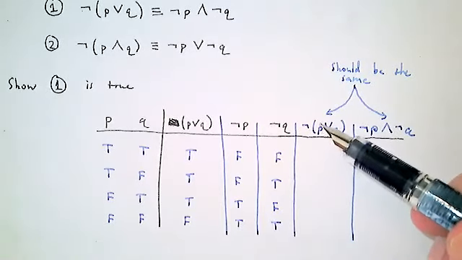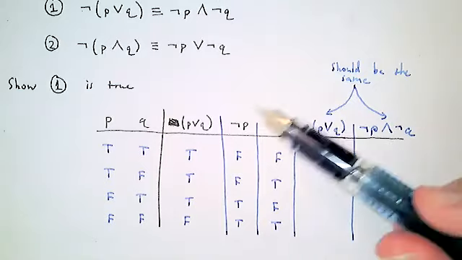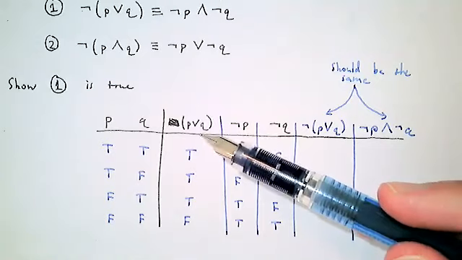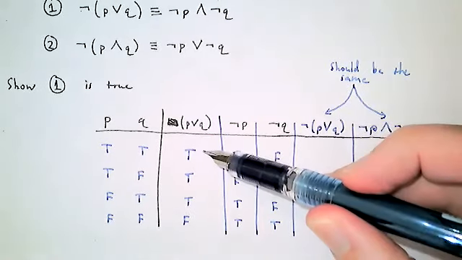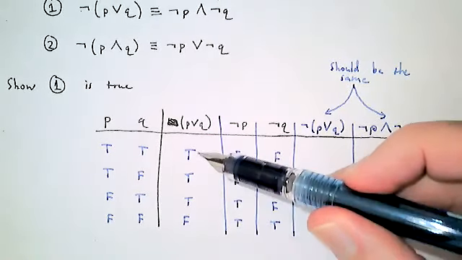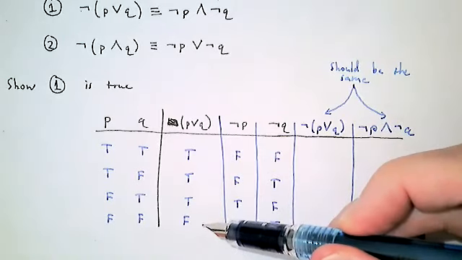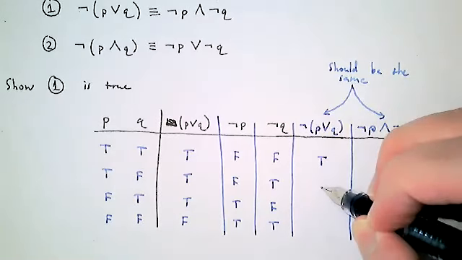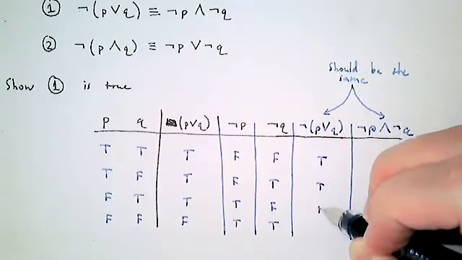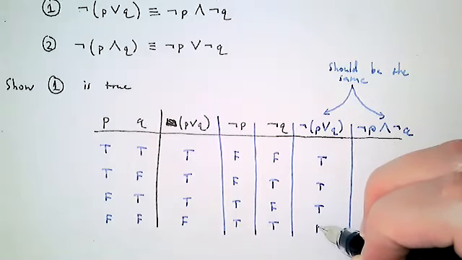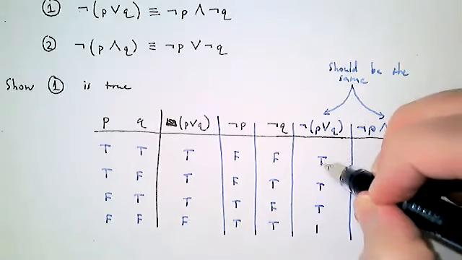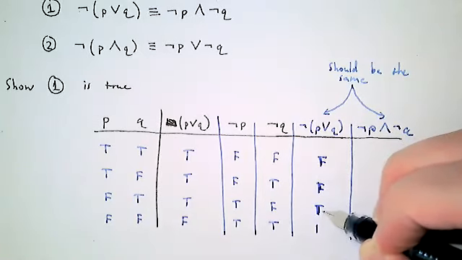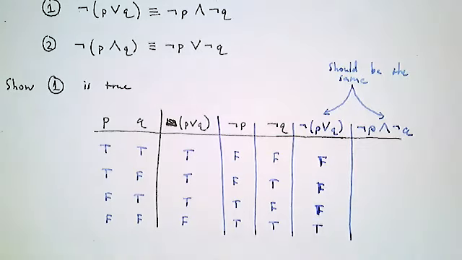Now we have the negation of P or Q. That means we need to look at this column for P or Q and switch the truth values. So we get 2 falses, or actually 3 falses, excuse me, and then a true in the bottom row. There we go.